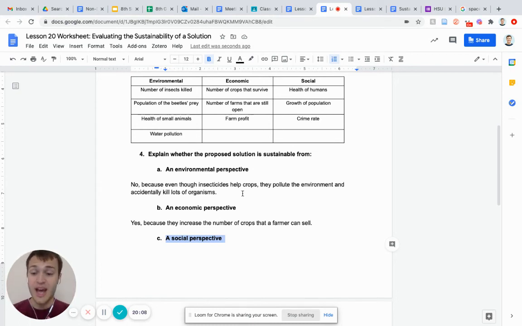I think that human health is extremely important. And so in my head, if we're negatively affecting people's health, then we are not being sustainable. But other people are going to think differently. Other people will think, well, actually, it's most important to protect jobs, or to grow food and have food. And so here, you can write yes or no. It's up to you. Both are okay, as long as you explain why.